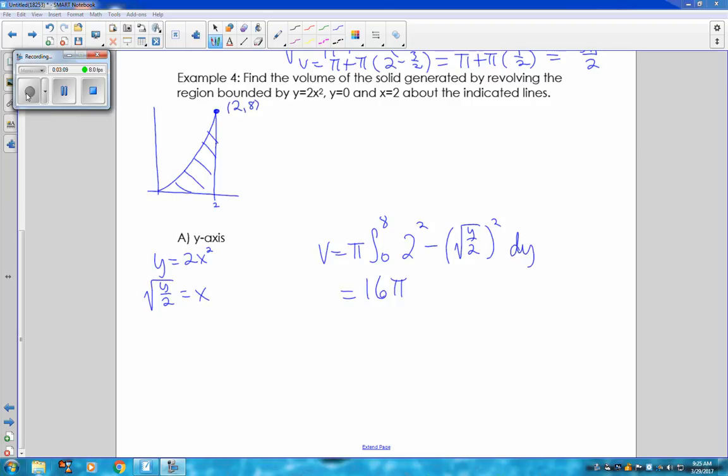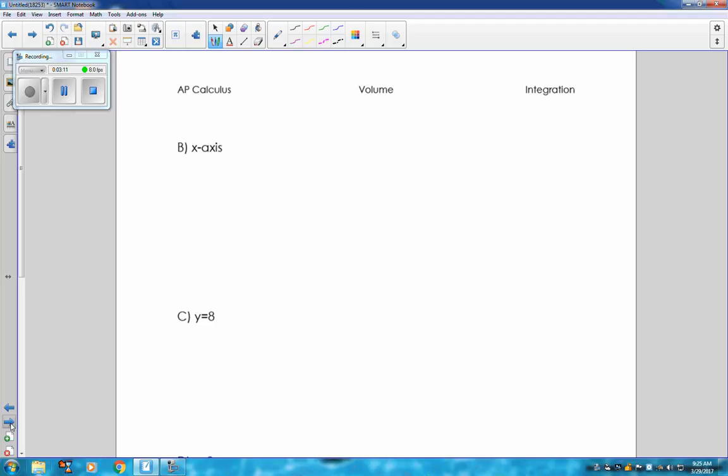Okay, now since we're going on to another page, I'm going to go ahead and draw this again, or sketch it again here since it's on a different page. Okay, so now we're going around the x-axis. Try it.